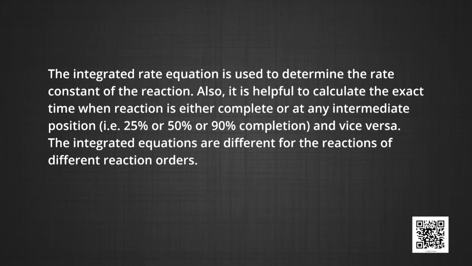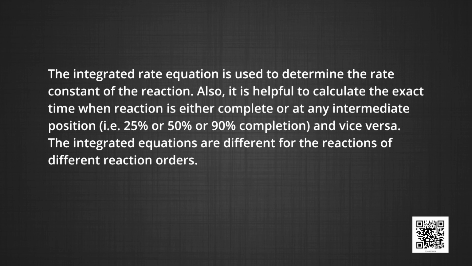In order to avoid this difficulty, we can integrate the differential rate equation to give a relation between directly measured experimental data and concentration at different times and rate constant. The integrated rate equation is used to determine the rate constant of the reaction.